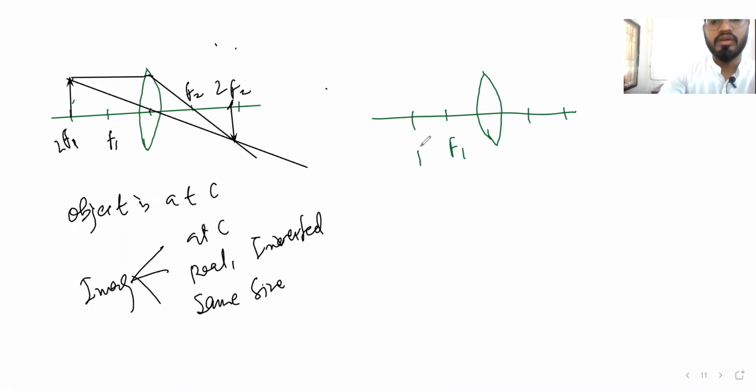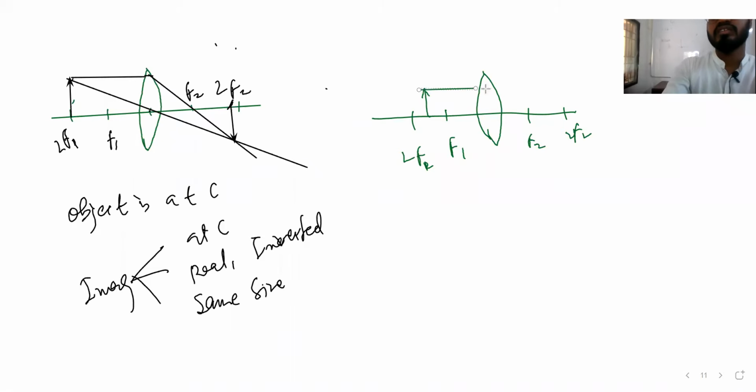F1, 2F1, F2, 2F2. If the object is between C and F, then what will happen? Beyond F2, right? Let's see.